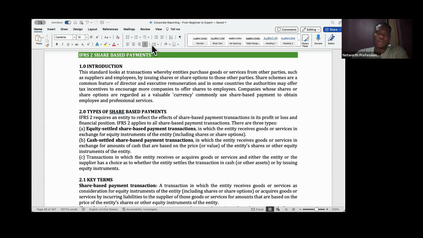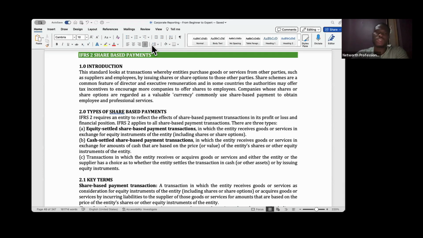Now that we have this standard, the first thing we looked at were the types we are going to cover. We said there is the equity settled share-based payment, there is the cash settled share-based payment, and there is the one where the supplier or the counterparty has the choice of settlement.